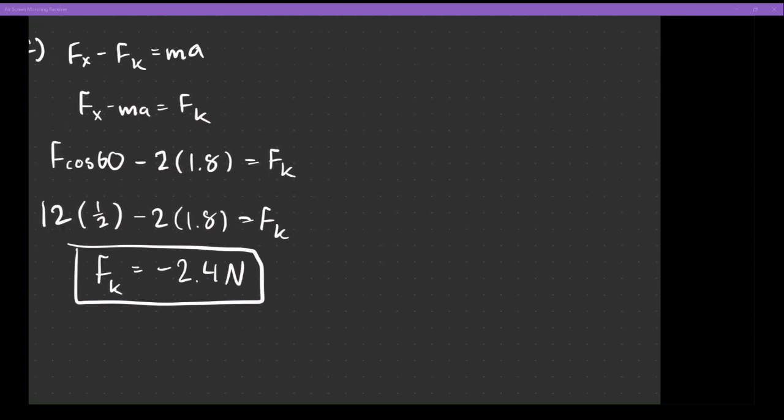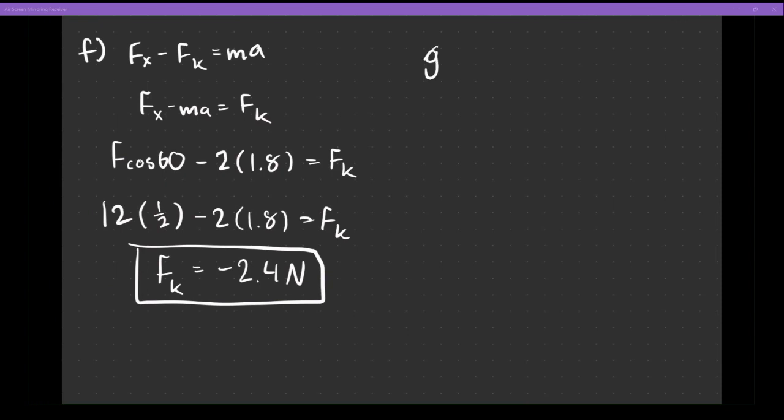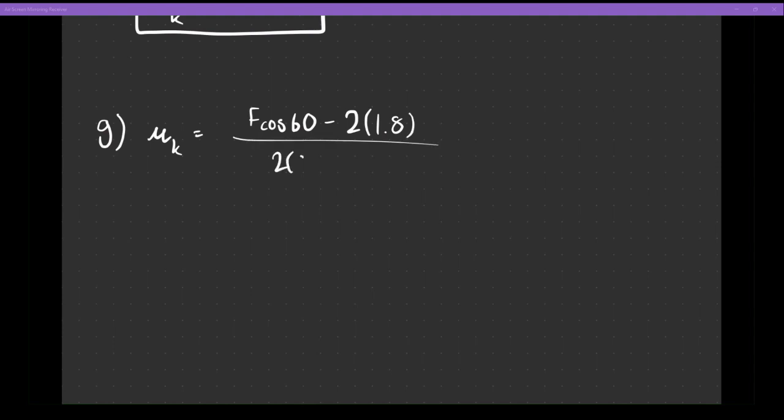Moving on to part G. Part G, let's do down here, more room. Part G just asks to find the coefficient for kinetic friction. So using the equation derived in part E, because it's basically the same physics, you get that mu k is equal to F cosine of 60 minus m, which is 2, a_x is 1.8, over m g, 2 times 9.8, plus 12 sine of 60.